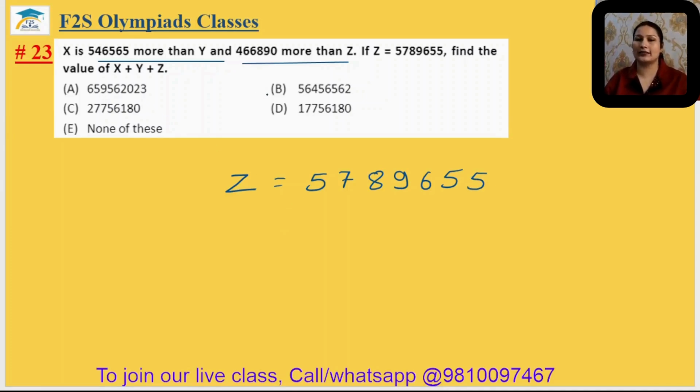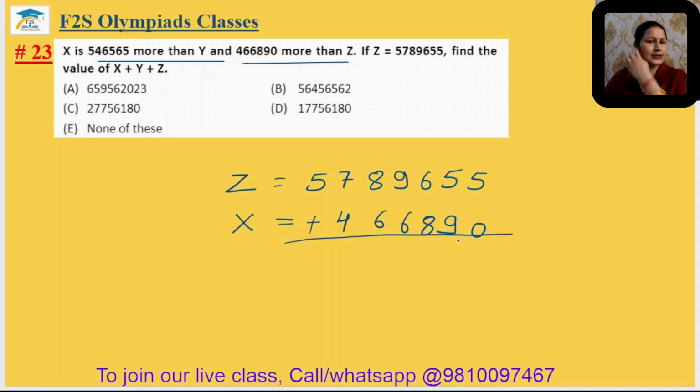So what will be X? Actually, X is this number more than Z. So X equals this plus this. So we can add both of these numbers, and we will find X.